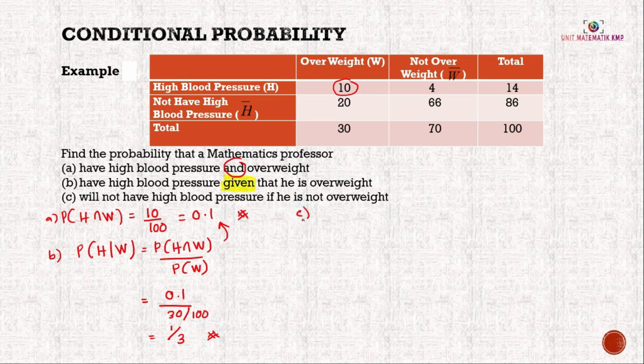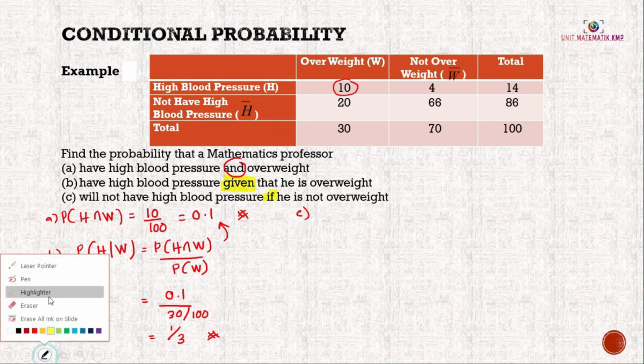And question C, find the probability professor will not have high blood pressure if he is not overweight. So given here if. So if ni adalah another keyword yang menunjukkan dia adalah conditional probability.